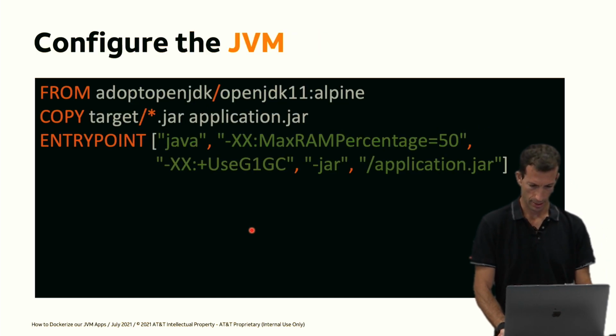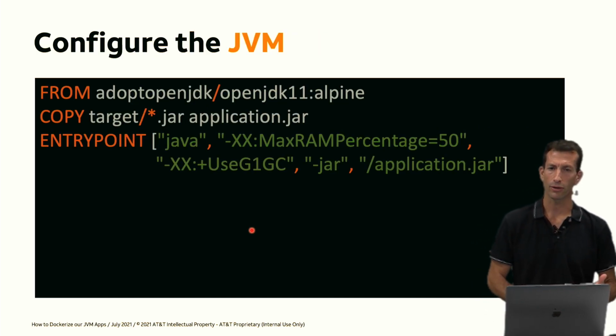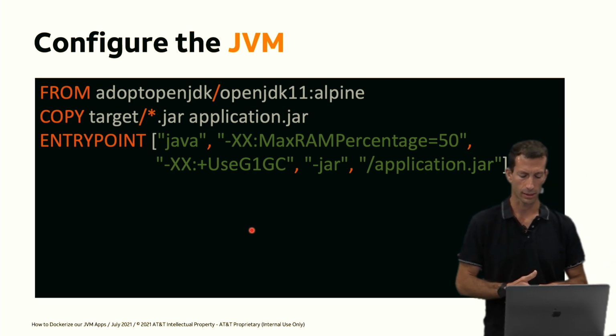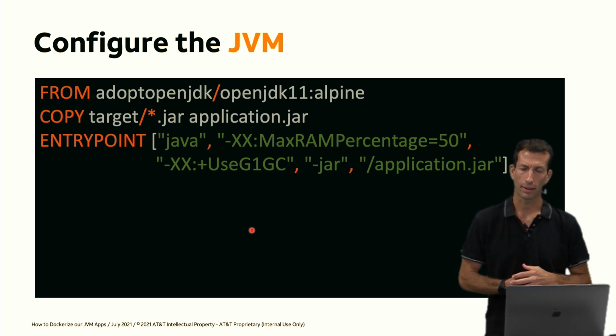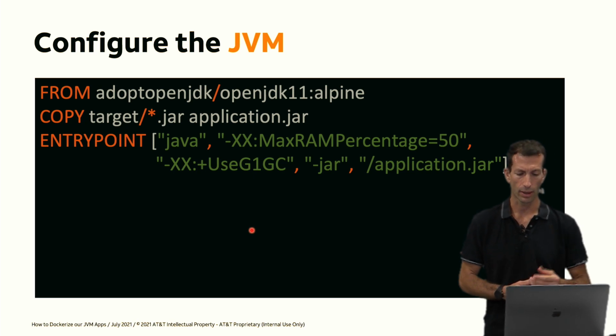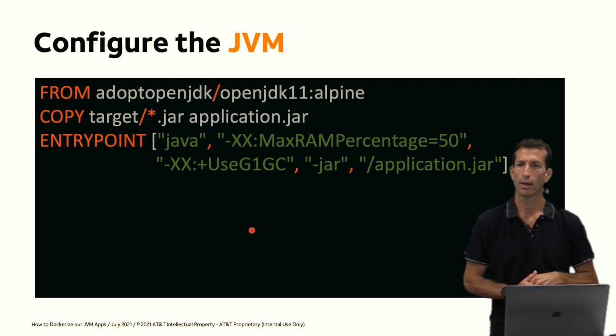So let's take a look at how we can actually configure these things. Configuring that percentage is done with this flag, the max RAM percentage, and here I also configure the garbage first garbage collector.